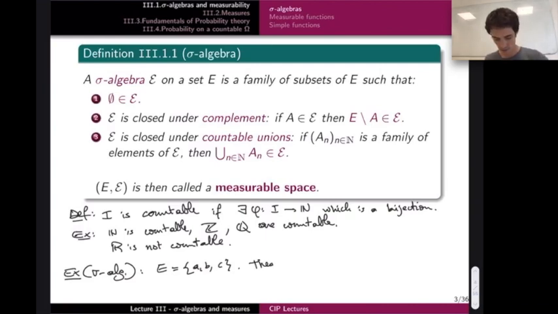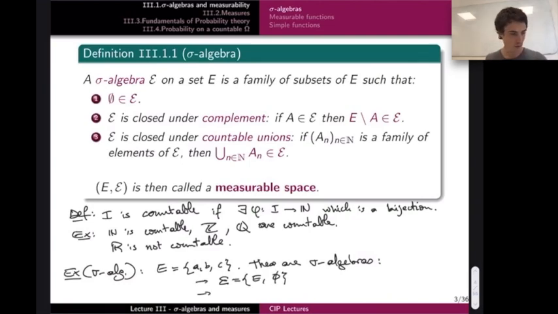For instance, you will have exercises in the example sheet with further examples, so you can practice to see if some families of subsets of E are sigma-algebras or not. Calligraphic E equals E and the empty set. This is a sigma-algebra.